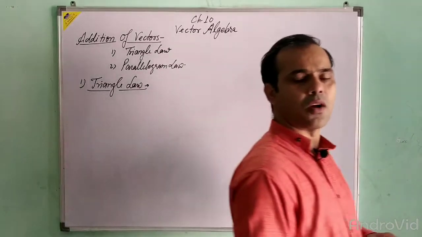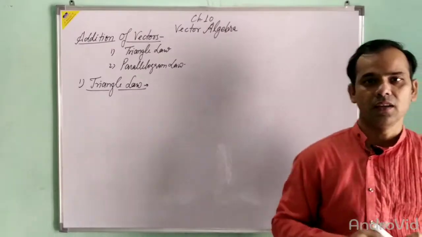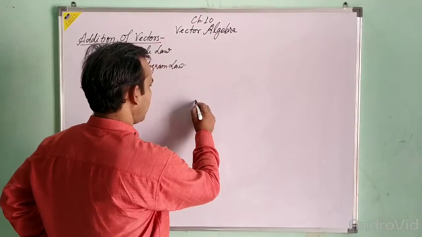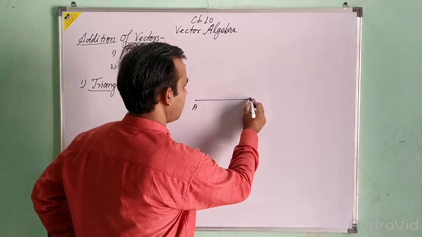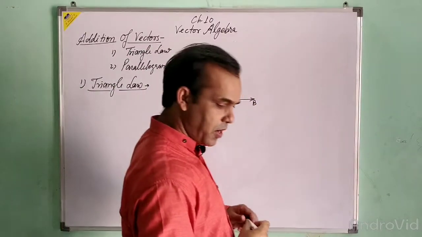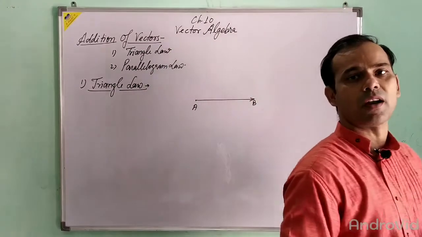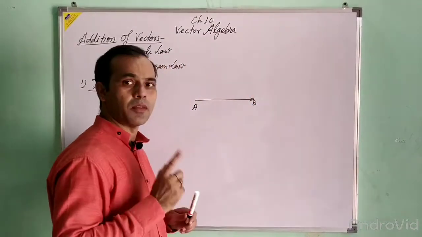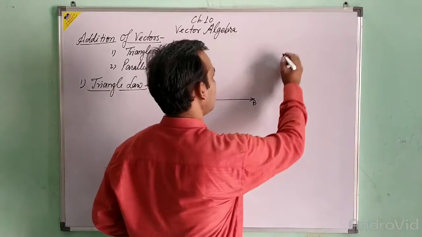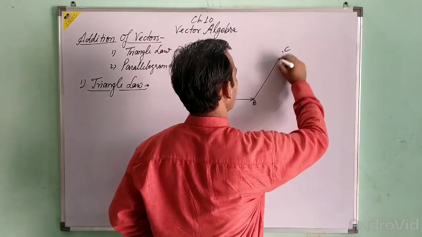Suppose a person moves from point A to point B. Suppose this is the point A and the person moves to this point B, then this AB vector will represent the displacement of the person from point A to point B. Thereafter, the person moves from point B to point C in this direction.